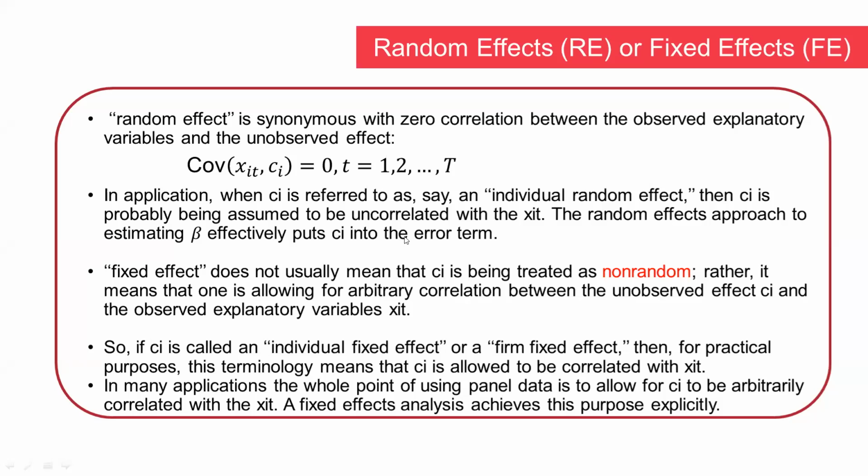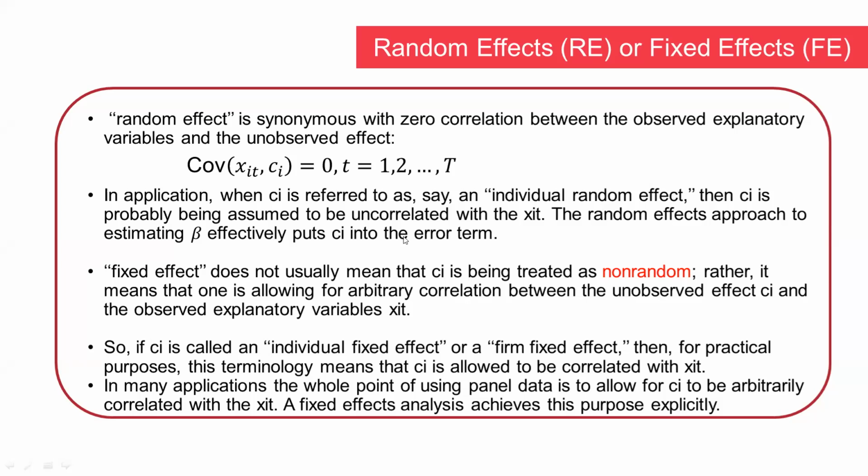You can see the random effect is synonymous with zero correlation between observed explanatory variables and the unobserved effect. So that means the covariance between independent variables, and this is so important. Simply, we can say that the covariance between explanatory variables, meaning independent variables, and the unobserved effect is zero.